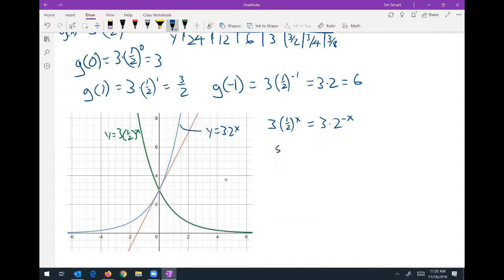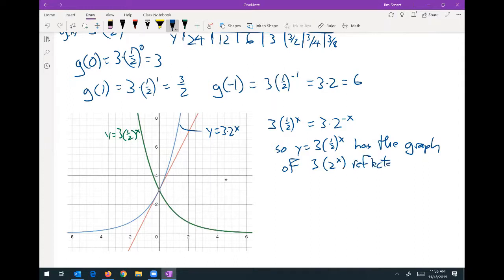So y equals 3 times 1/2 to the x has the graph of 3 times 2 to the x reflected across the y-axis because we negated the x.